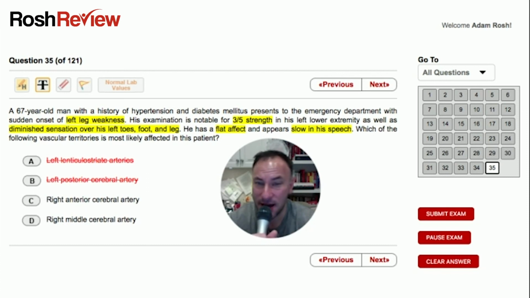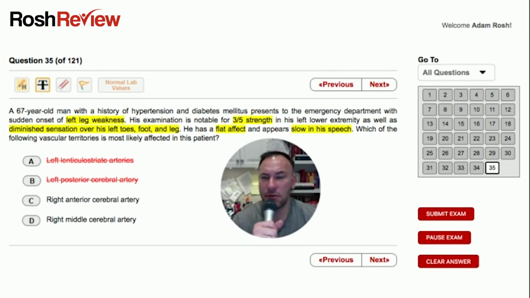And we also have the benefit of the patient in this vignette having a flat affect and slow in his speech. So the flat affect is what gives it away for me that I could really confirm on this question that this is going to be the anterior cerebral artery because of those types of personality deficit.